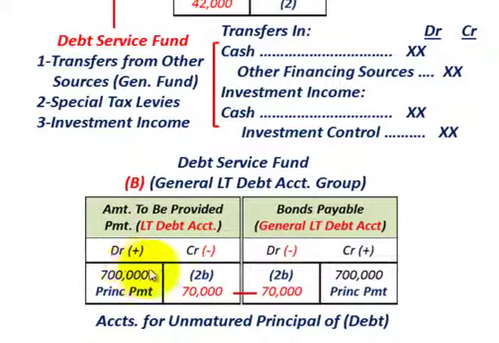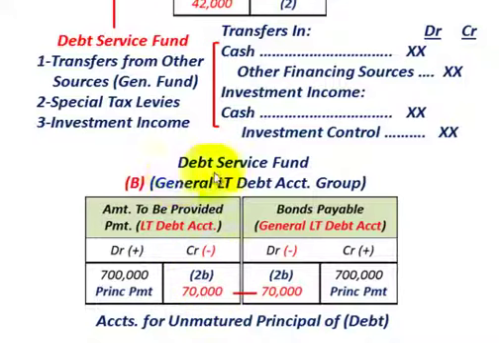We debited that for $700,000 when that bond was issued, and then our bonds payable, we had credited that for $700,000. But when we made that first principal payment, we would have debited, or reduced, our bonds payable by $70,000, and then our amount to be provided for the payment, we would have credited for $70,000.